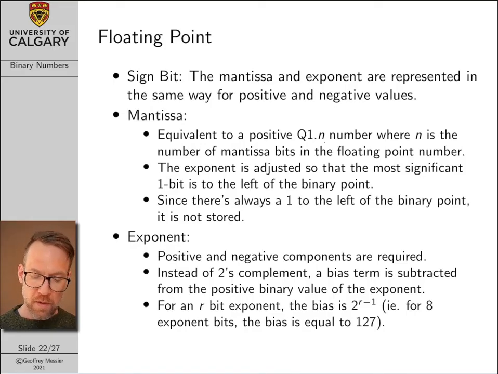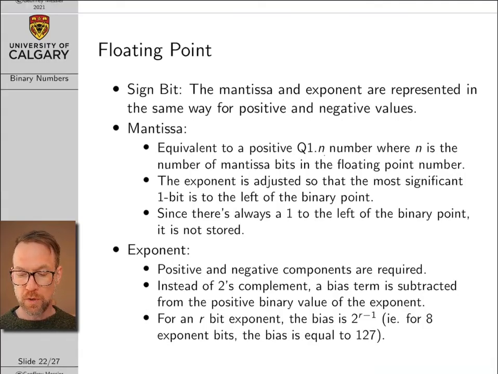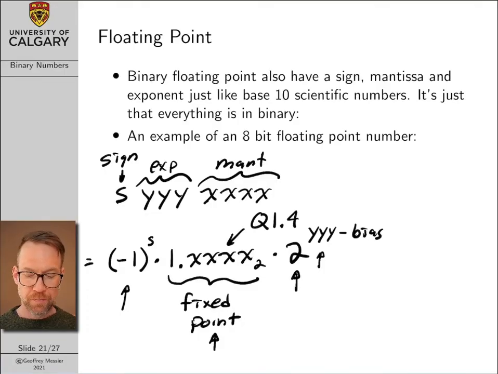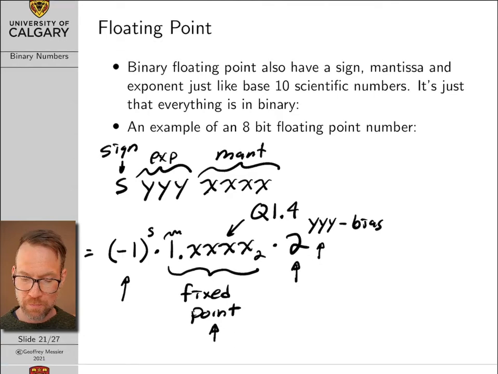Just one other small note, since there's always a 1 to the left of the binary point, it's understood, so we don't store it. We end up just using all of our mantissa bits to store the fractional value on the right-hand side of the binary point.